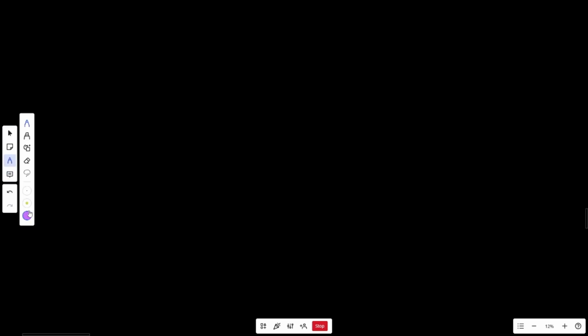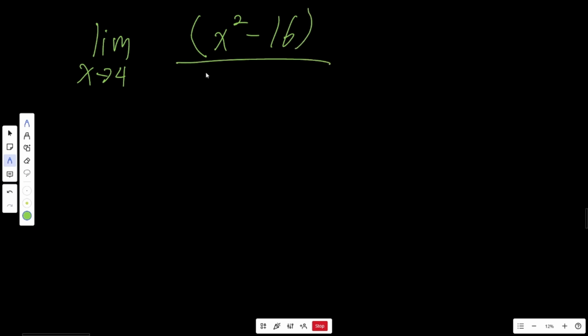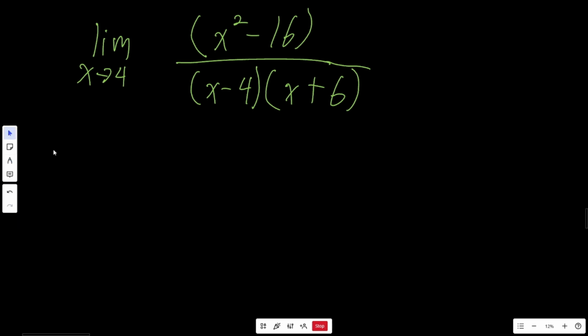We could get limits such as the limit as x approaches, let's say 4, of x squared minus 16 over (x minus 4)(x plus, I don't know, let's just give it a random number, 6). Okay, so we're looking at the value as x approaches 4.